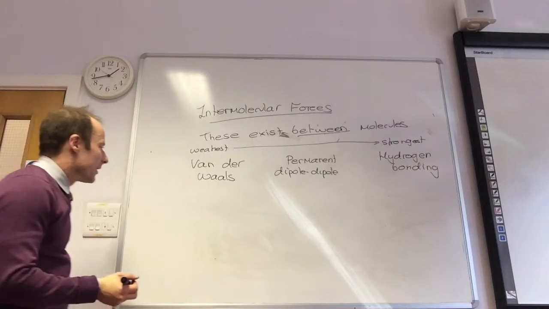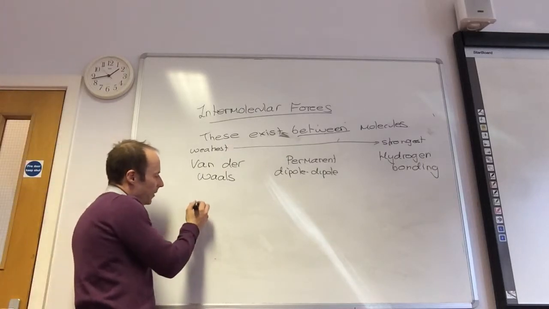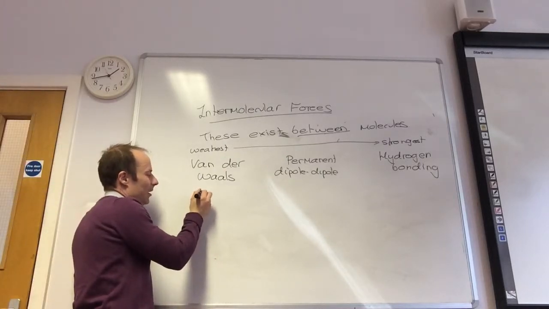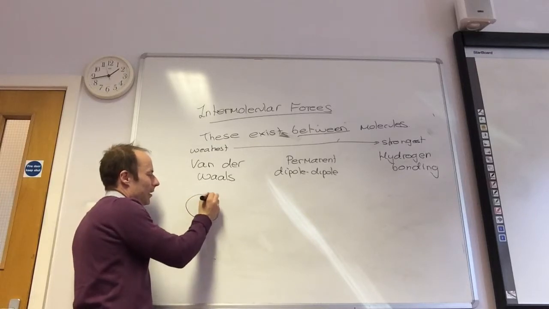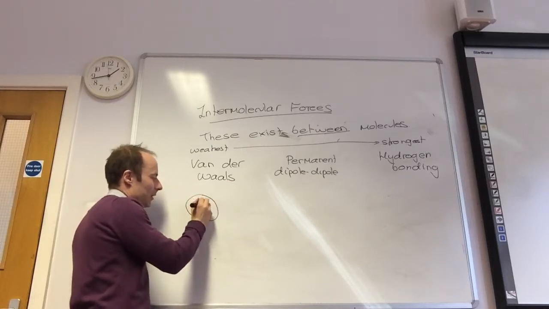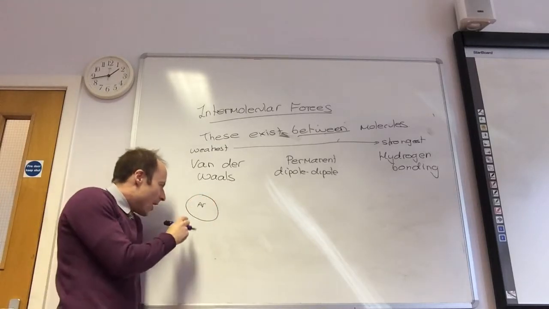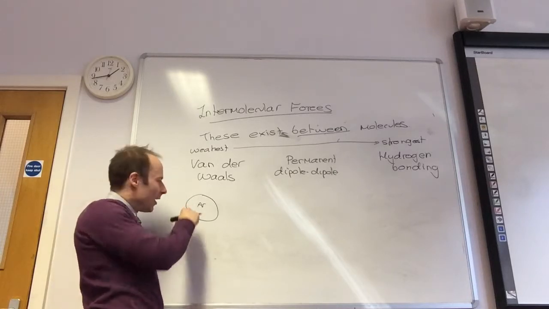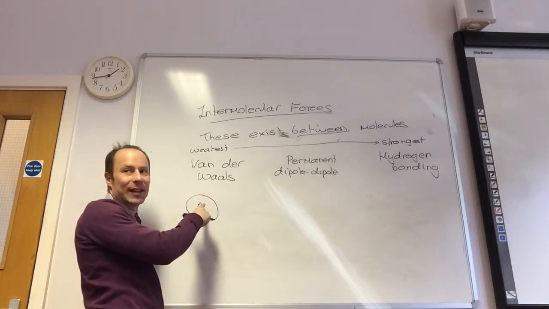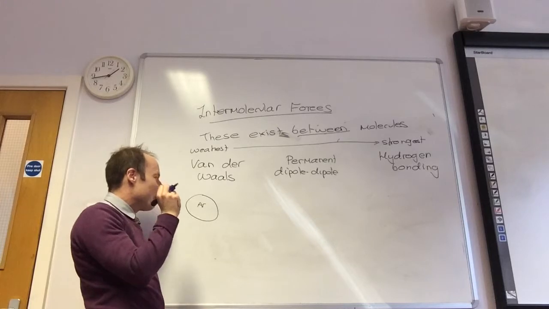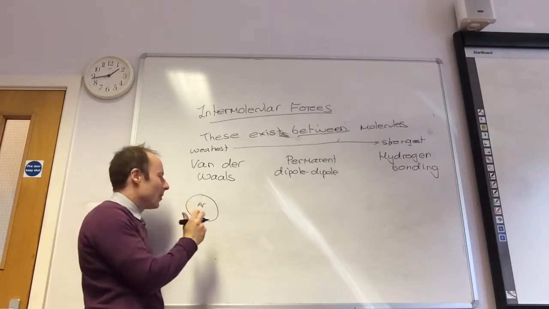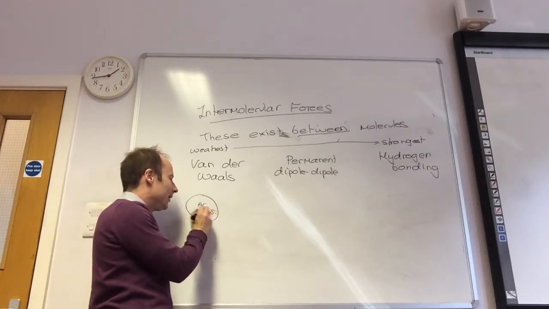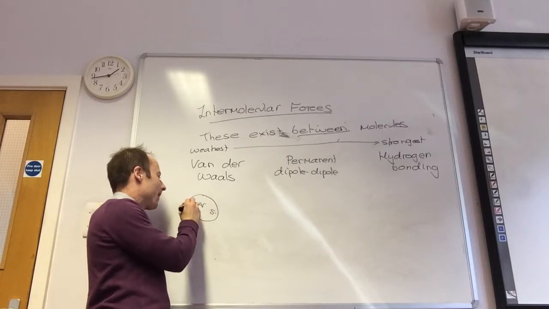Van der Waals forces, they occur because if I've got, say, let's say I've got an argon atom, like so. At one moment in time, I've got electrons whizzing around my argon atom. If I was to just take a picture of it for an instant in time, I could find it's got a little dipole.